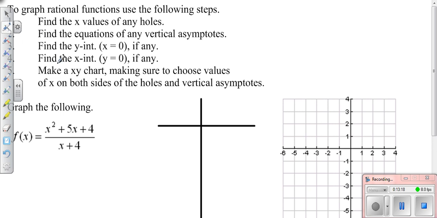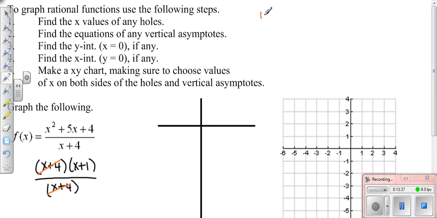So let's try another example. First we have to factor, and this is going to factor into x plus 4 times x plus 1 all over x plus 4. Here I do have common factors, so that means I do have a hole, and that hole is where that common factor equals 0.